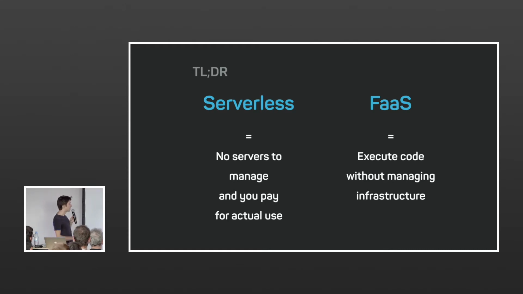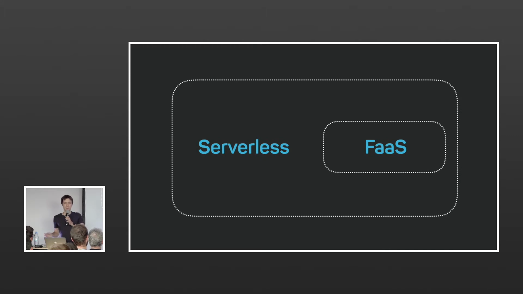Whereas function as a service is a bit of a subset of that, because it focuses on executing your code, but instead of having to start your own server instance and execute your code there, there's no managing of the infrastructure underneath it. The idea is that the provider manages all of that for you. So in essence, function as a service is merely a subset of what serverless is.